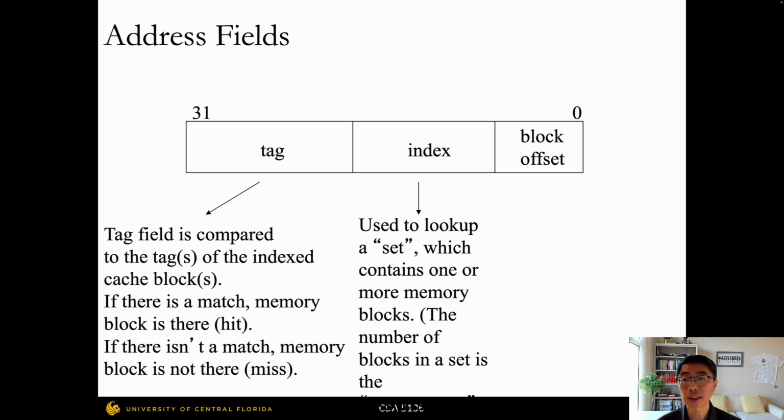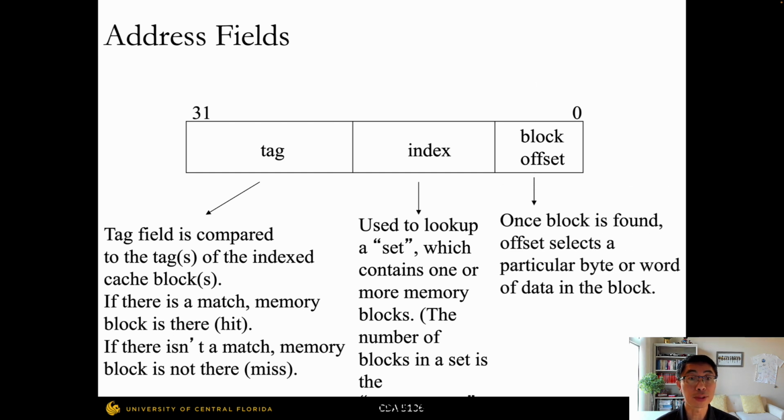If they don't match, we have a cache miss, meaning the block we want is not currently cached, so we have to find it in the main memory. If we have a cache hit, we return the correct bytes or word, depending on the granularity of the load or store, to the processor. For that, we use the block offset bits.